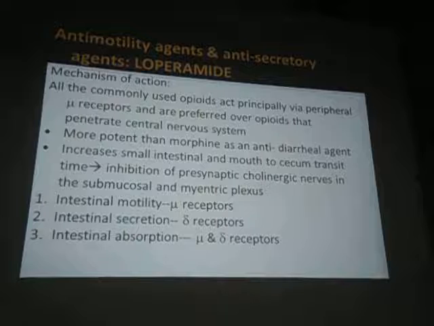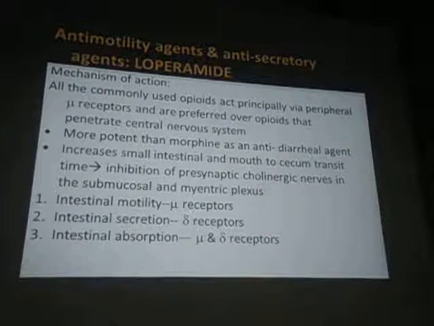And the negative point is, if it is an infected diarrhea, maybe bacterial or viral, what will happen? This drug also has the property of closing the sphincters. Once the sphincters are closed, but there is an excess of secretion going on, what can happen? The spasms can increase. So this is one of the things we need to remember.